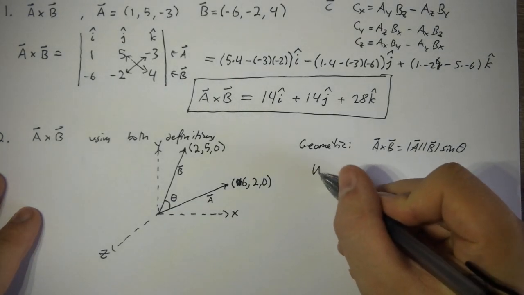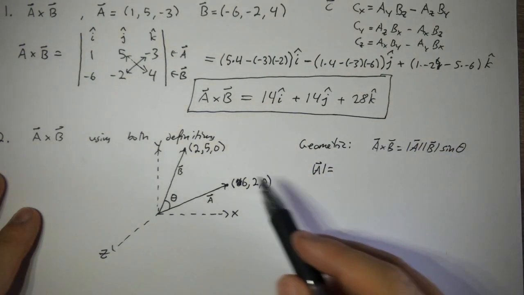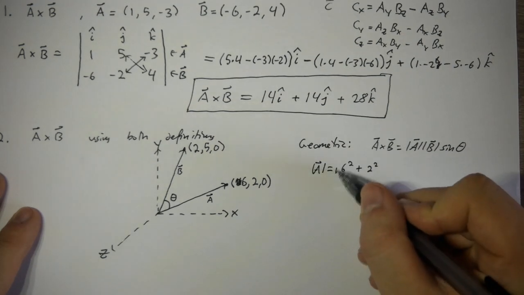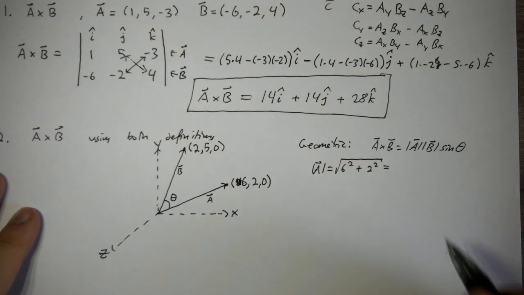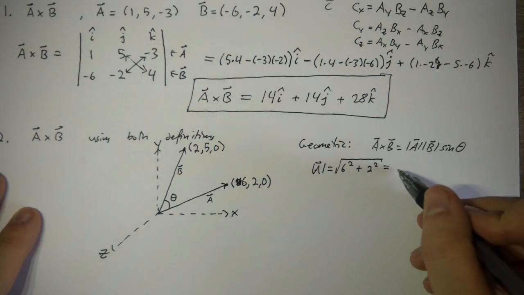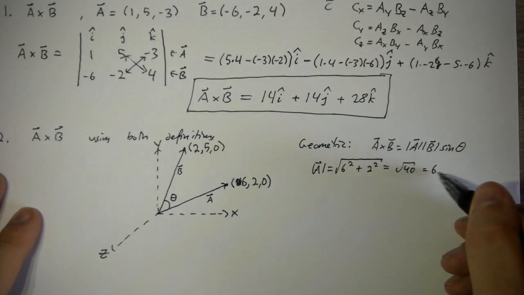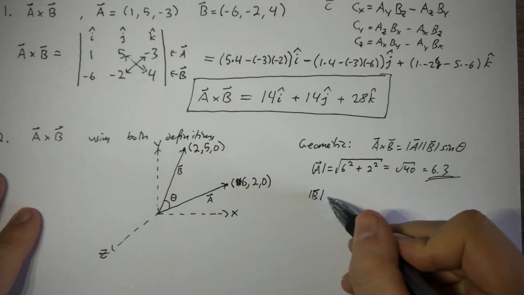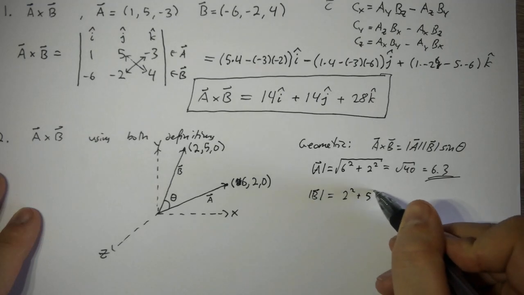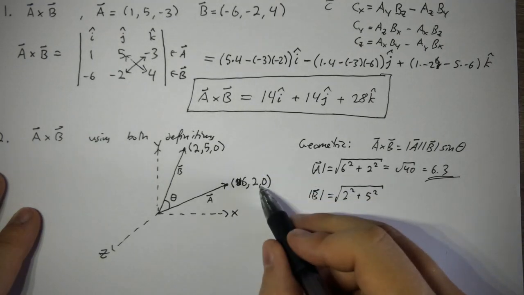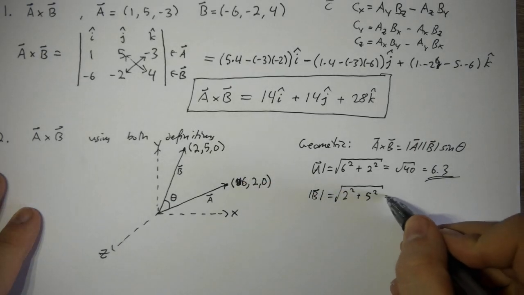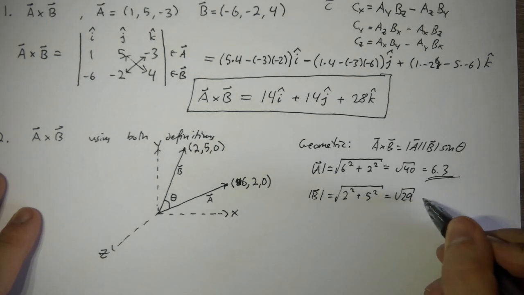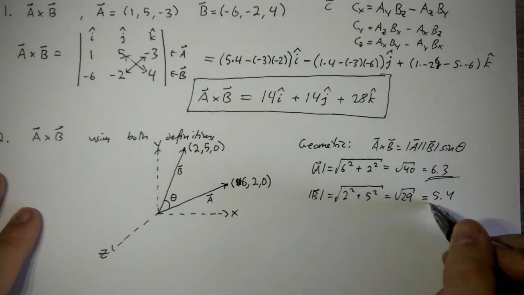So A is 6 squared plus 2 squared, and that works out to the square root of 40, which is 6.3. B similarly is 2 squared plus 5 squared. There's a 0 component here that I could write, but it doesn't make a difference. And that gives us the square root of 29, or 5.4.